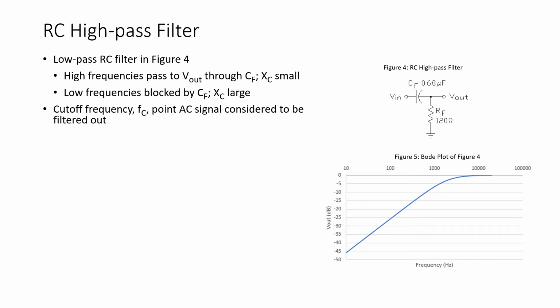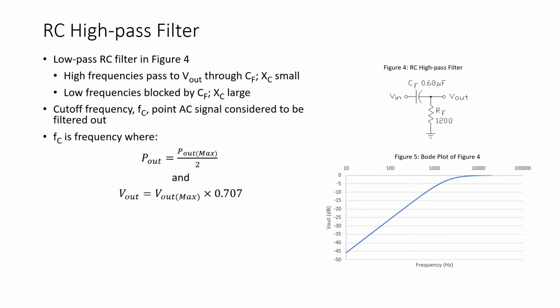As with all of our filter circuits, the cutoff frequency is the point where the signal is considered to be filtered out. This is the half power point and the point where the output voltage drops to 70.7% of the maximum. This is also the -3 dB point.